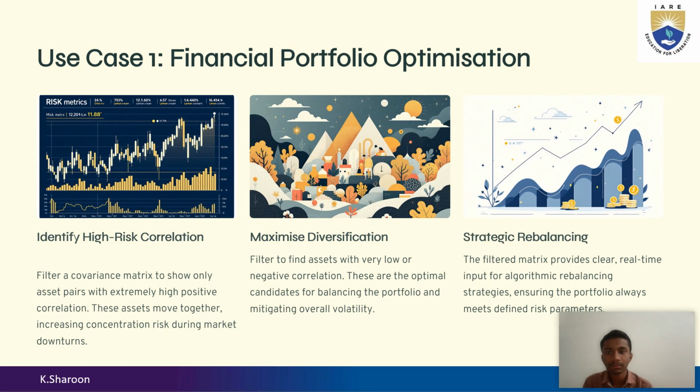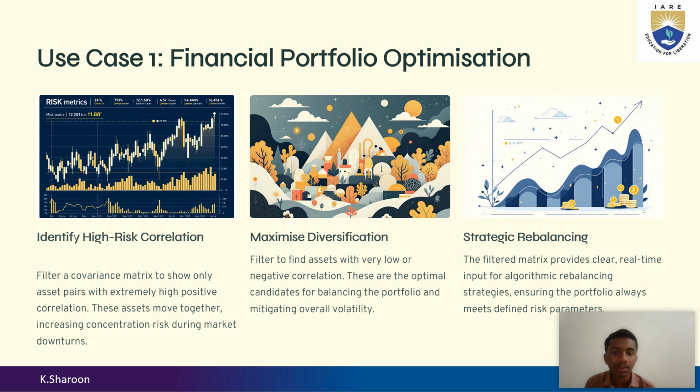Use case 1: financial portfolio optimization. Identify high risk correlation, that means filtering a covariance matrix to show only asset pairs with extremely high positive correlation. These assets move together, increasing concentration risk during market downturns.